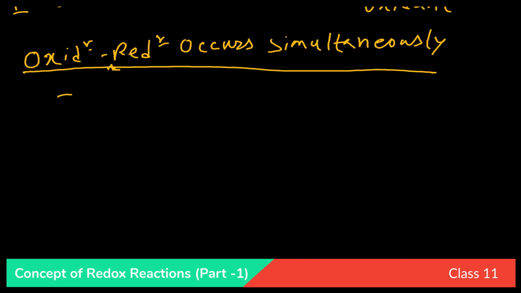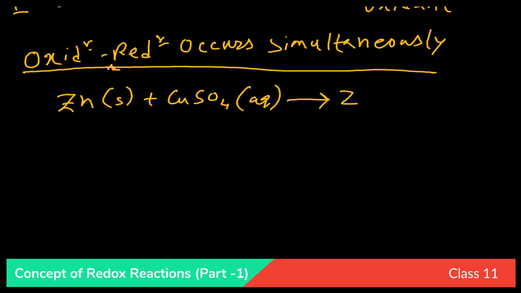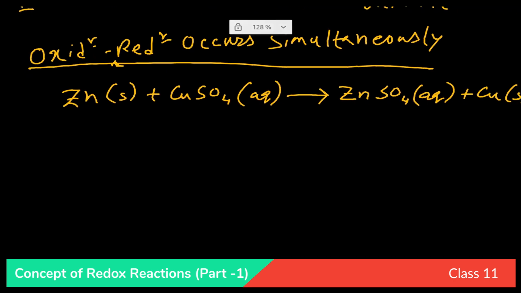Suppose, let us take one example, that is zinc, this is in solid state, plus CuSO4, that is copper sulfate. Zn plus CuSO4, this is in aqueous condition. This will give zinc sulfate, that is ZnSO4, it is in aqueous state, plus Cu in solid. So this is my reaction. Okay. Now, here, if I break them into ions, what I will get?